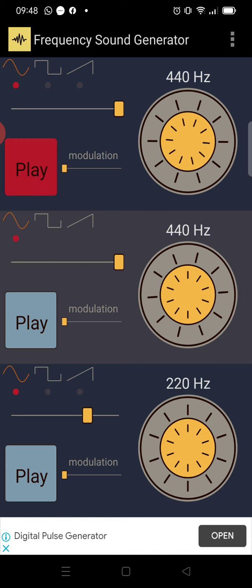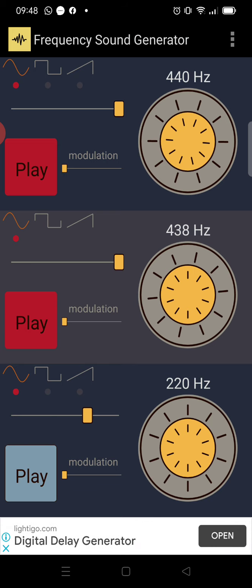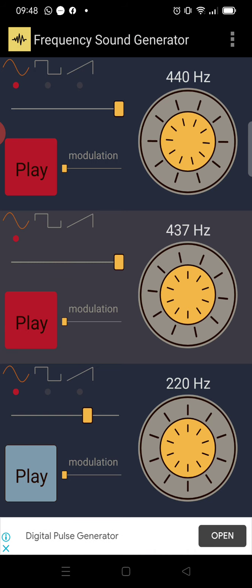Let's just hear that once. One beat, two beats, three beats, four beats.